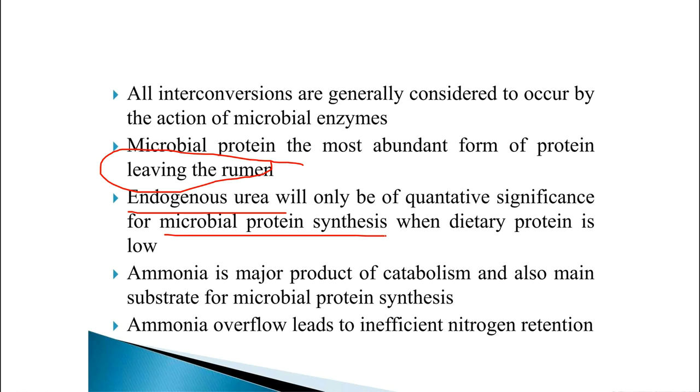So endogenous urea will only be of quantitative significance, especially for microbial protein synthesis, when dietary protein is very low. Even when dietary protein is very low, ruminants can produce their own protein because of the non-proteinous nitrogen compounds.